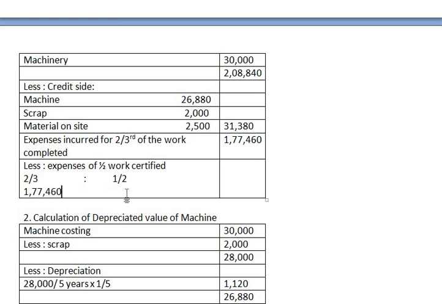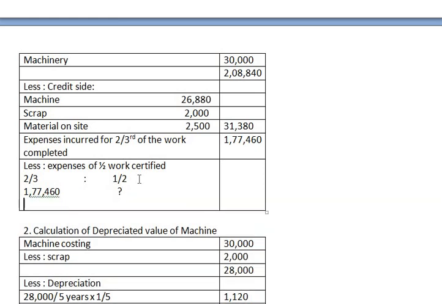Then how much expenses will be incurred for half work completed? Now again here cross multiplication. So how will it be now?